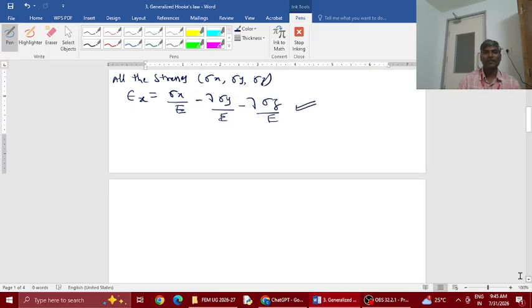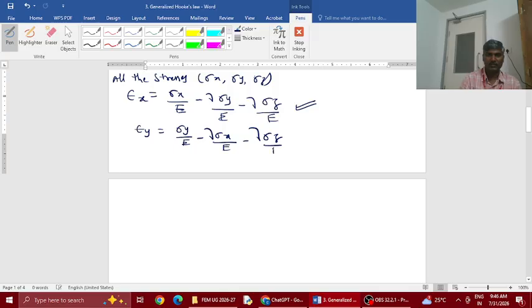Now we will continue deriving the relation between stress and strain from this expression. All the other three you can write. I will write it here itself: epsilon y is sigma y by E minus nu sigma x by E minus nu sigma z by E. Then epsilon z is equal to sigma z by E minus nu sigma x by E minus nu sigma y by E.